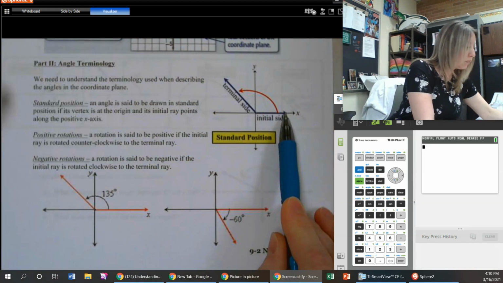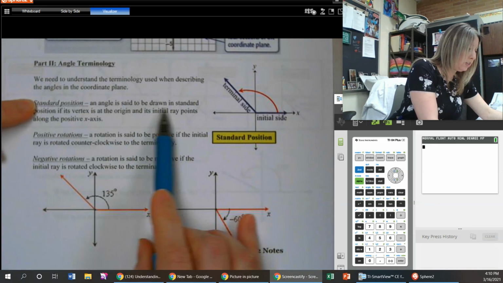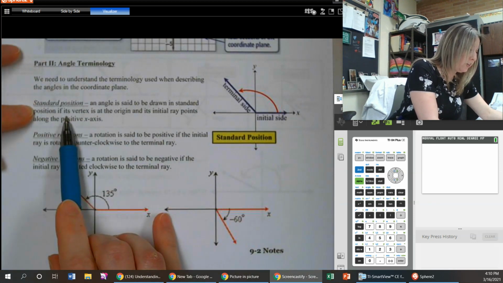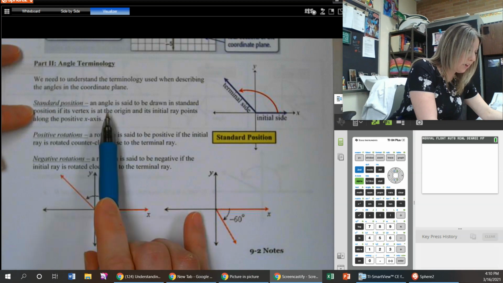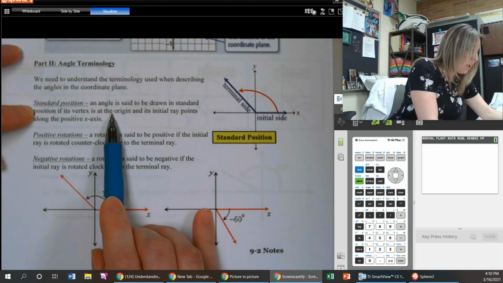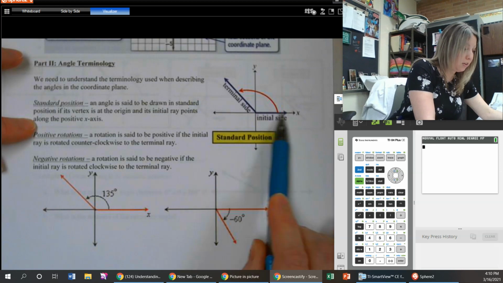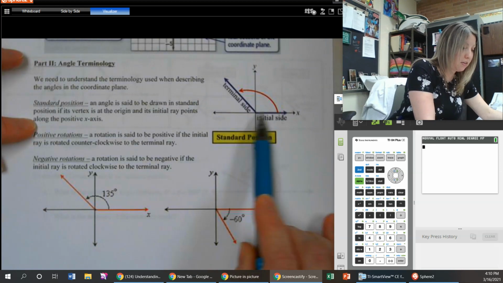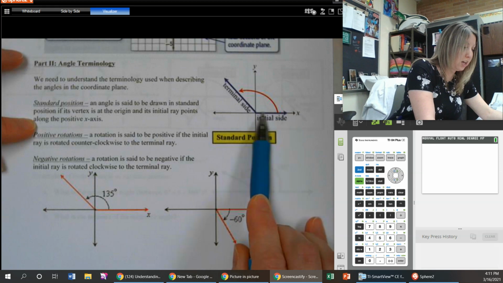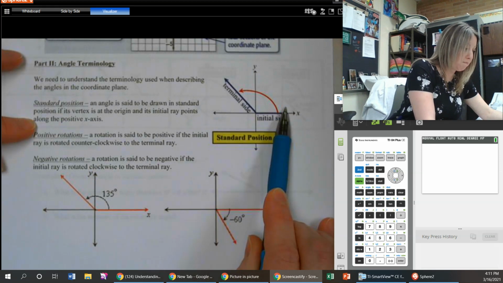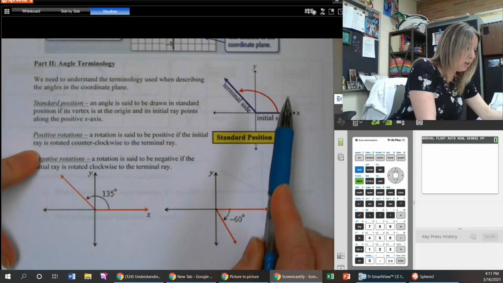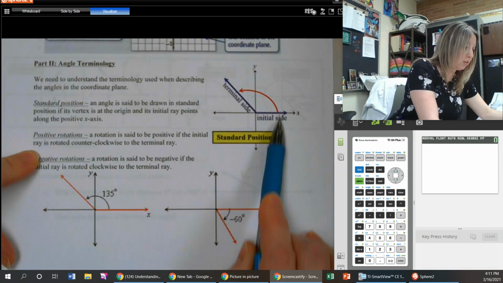All right. So standard position: an angle is said to be drawn in standard position if its vertex is at the origin, and its initial ray points along the positive x-axis. This guy, starting with the positive x-axis, that's your initial side. Here's your standard position. Again, positive rotations are counterclockwise, this direction.